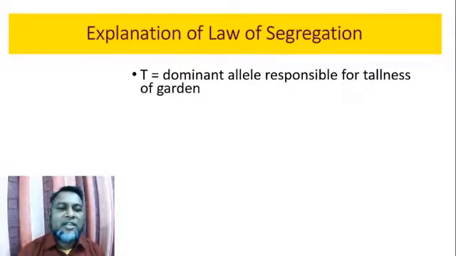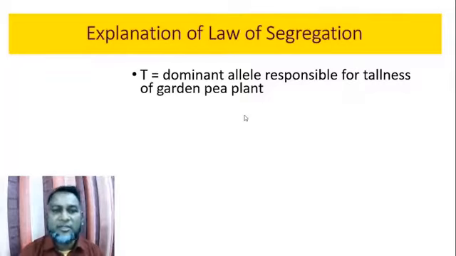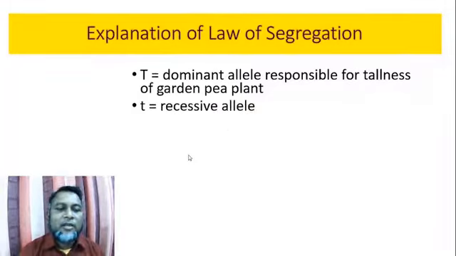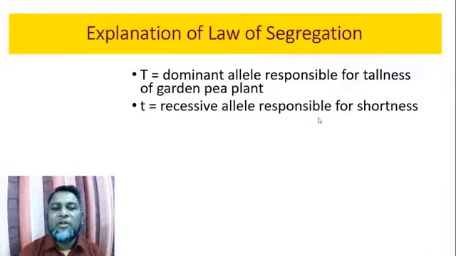In the explanation, we use some symbols. Capital T is used for the dominant allele responsible for tallness of garden pea plant. Small t means the recessive allele responsible for shortness.